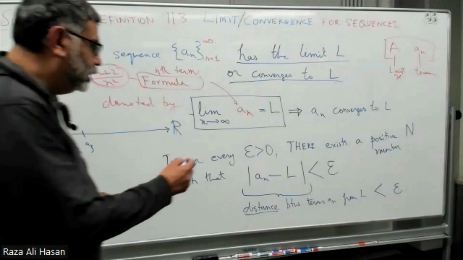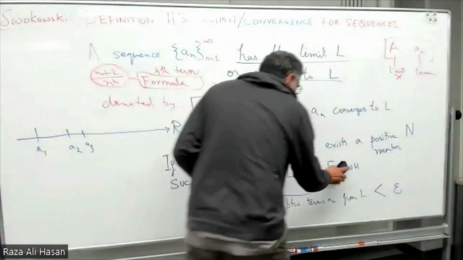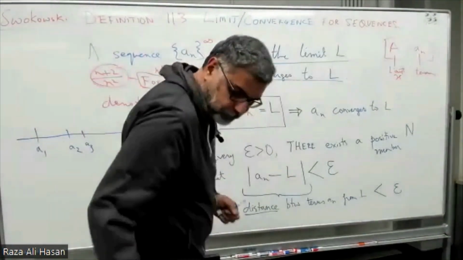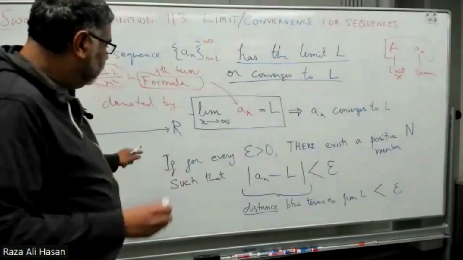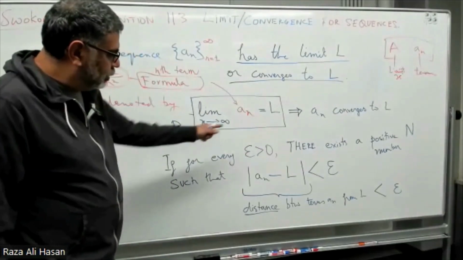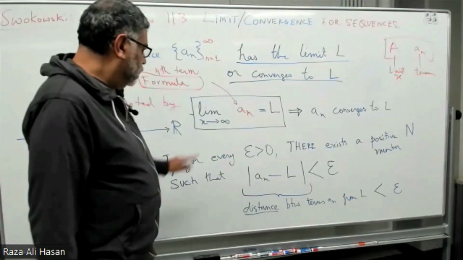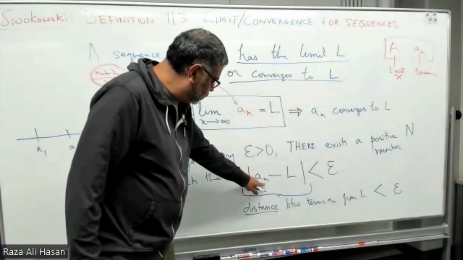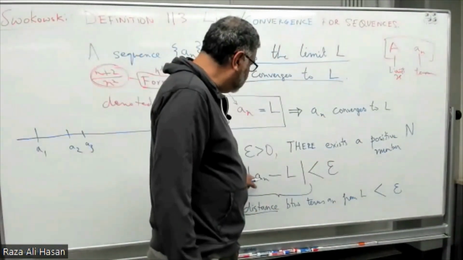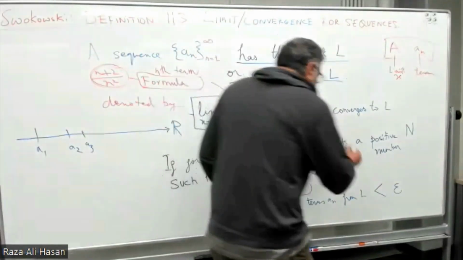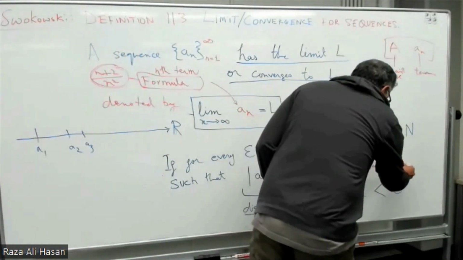Oh yeah, I forgot one last thing. This is the key thing. So if for every epsilon greater than 0, as in positive epsilon, there exists a positive number n such that an, small n, minus L is always less than epsilon, but that is for all the terms whenever n is greater than n.